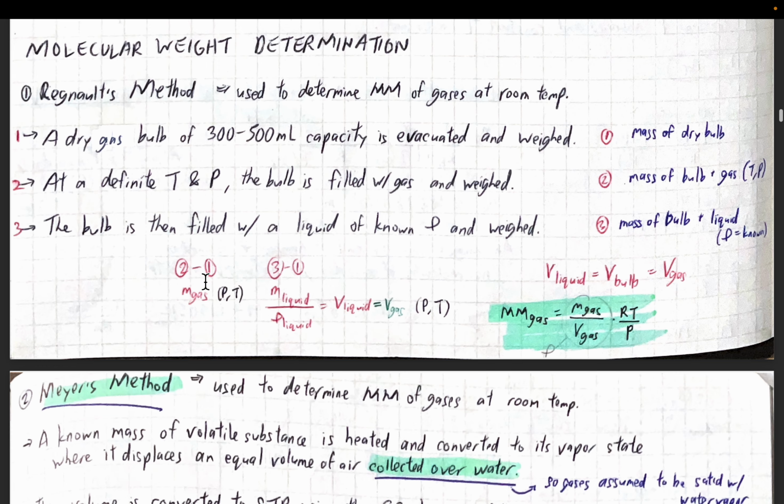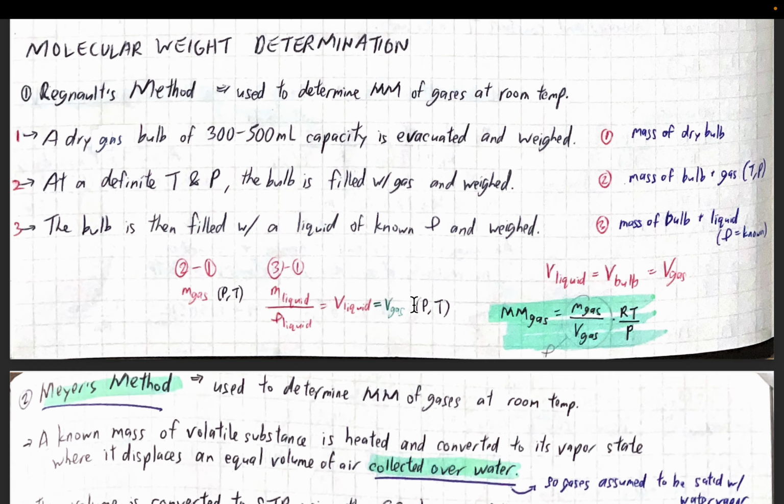For the mass of the gas, okay. To identify the volume of a liquid, coming from this relationship, V is equal to m over density. In other words, density is mass over volume, no? So from that relationship, we have this mass of the liquid over density of the liquid. This is supposedly the volume of the gas as well.